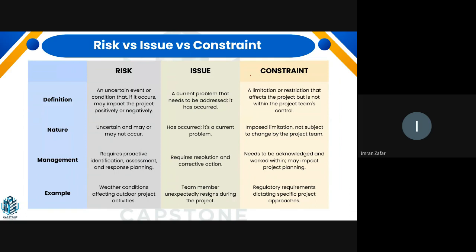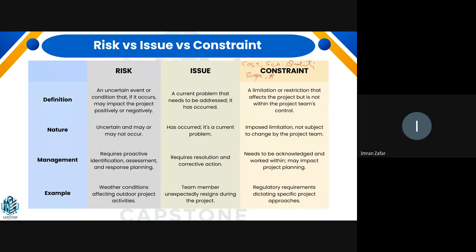It's not under your control, and you need to remain within the limits of those constraints to deliver accordingly. I think it was the cost, time, and... Yes, exactly. It was cost, schedule, quality, scope, exactly.